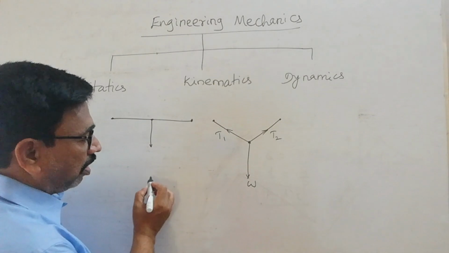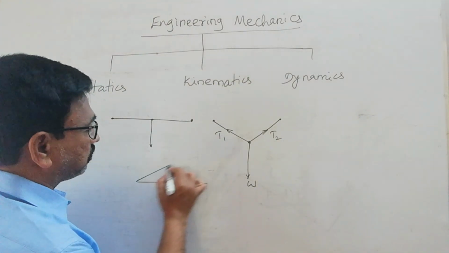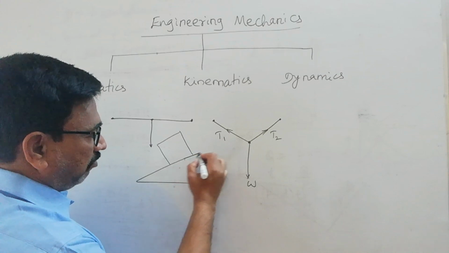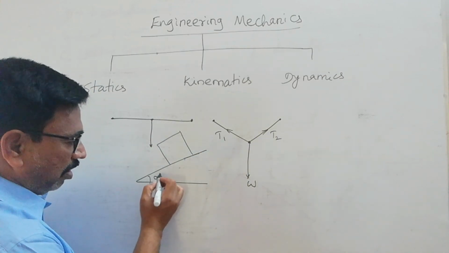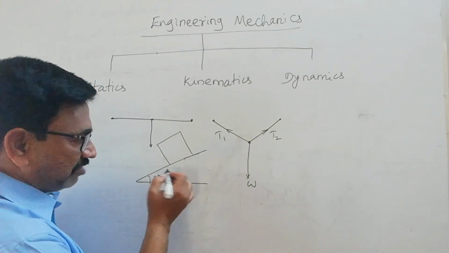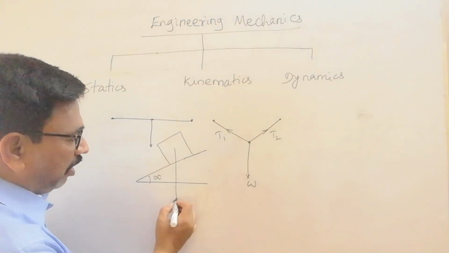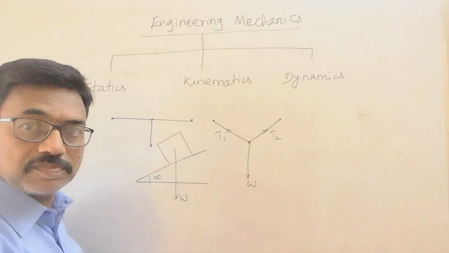Similarly, an object which is on a rough inclined plane, when the angle of the plane is less than the angle of repose, then its weight will be acting vertically downwards.